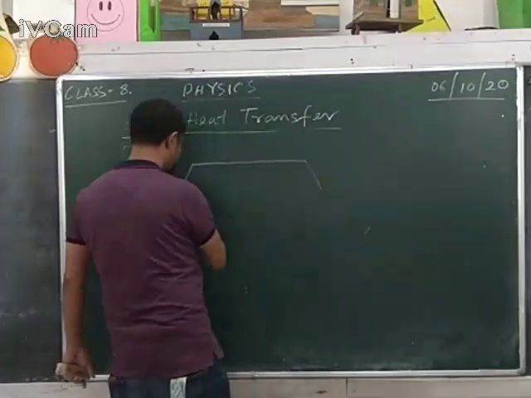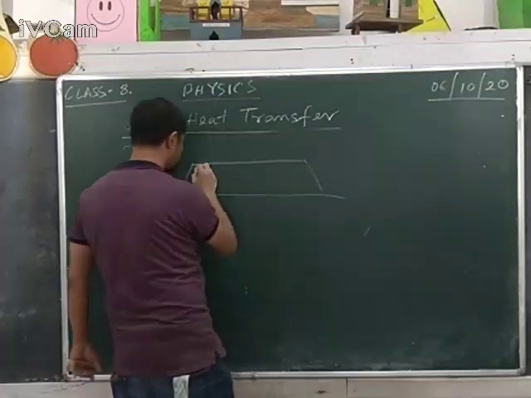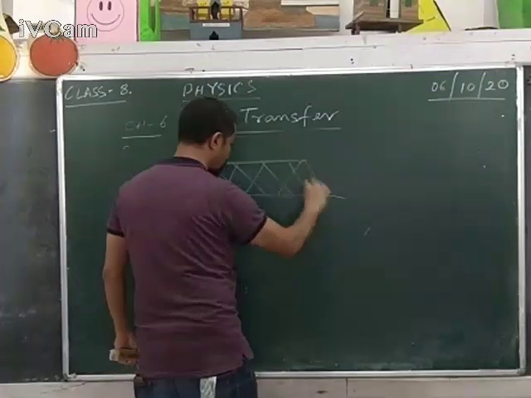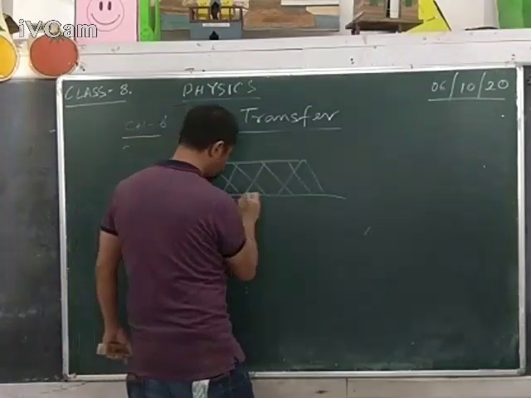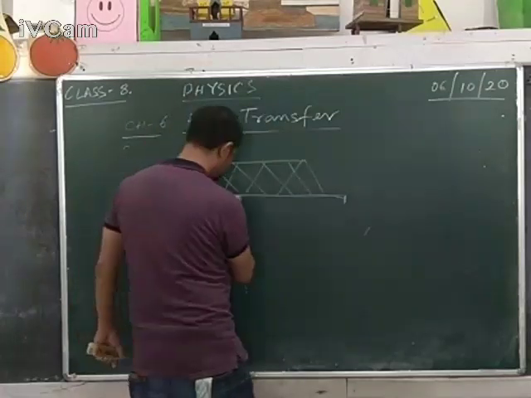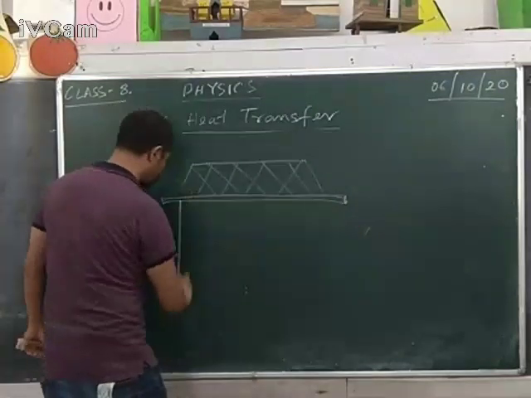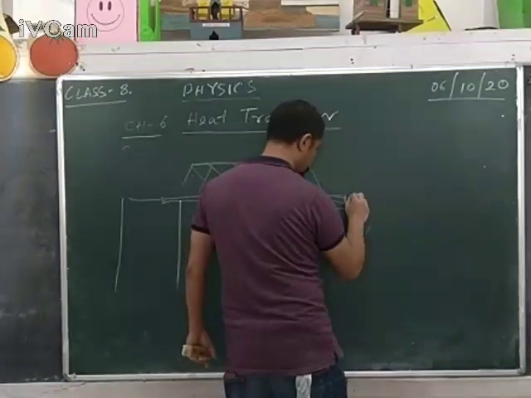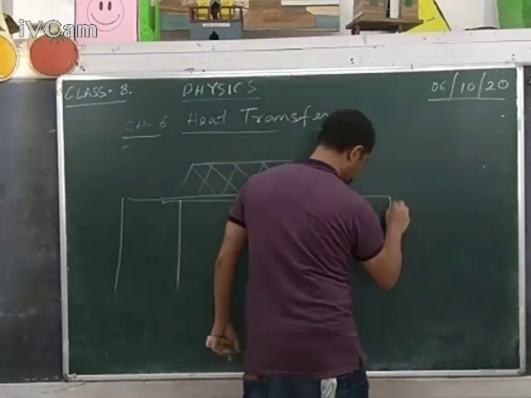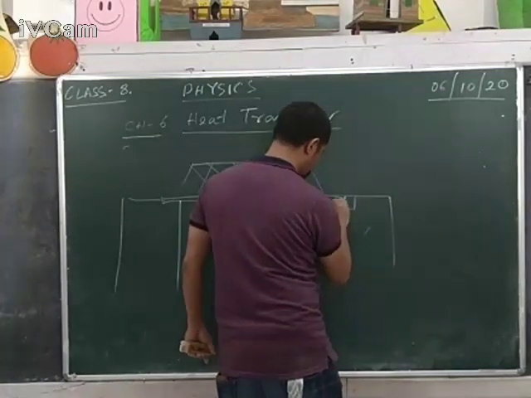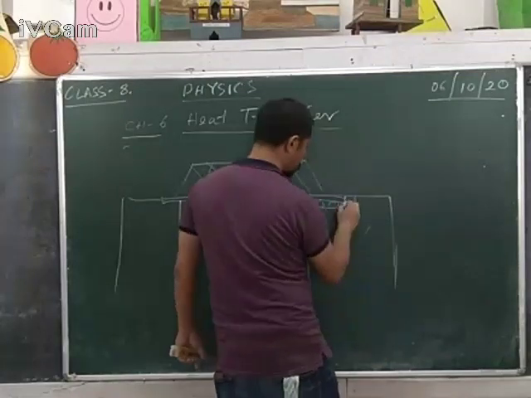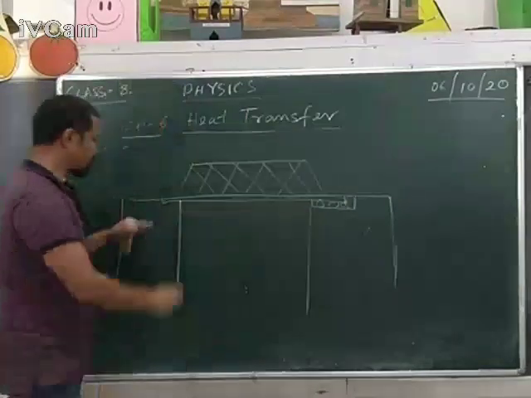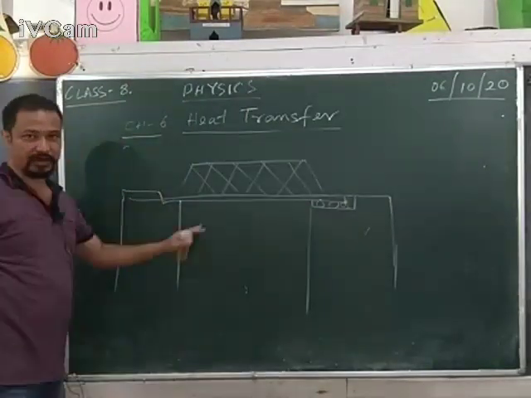Just make a simple bridge. Okay. One part of the bridge is fixed onto the wall, or whatever part it is, right?